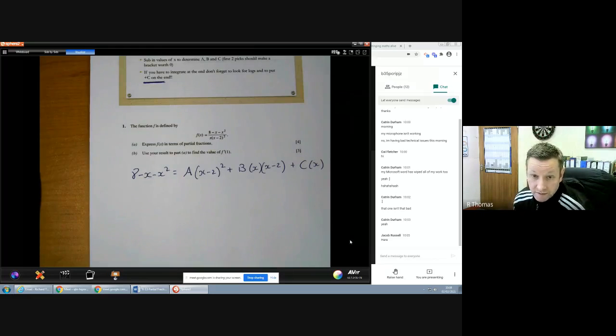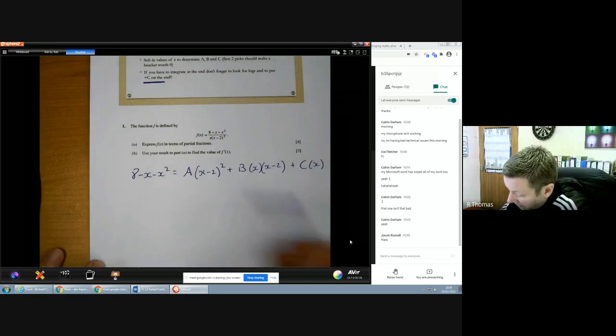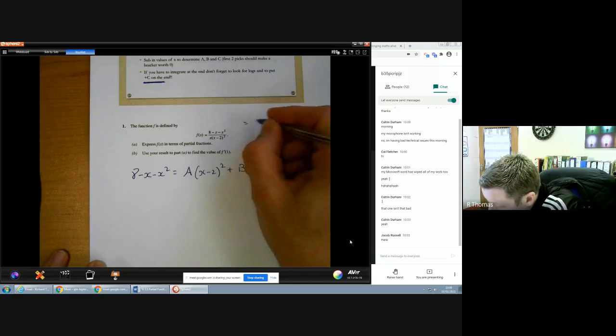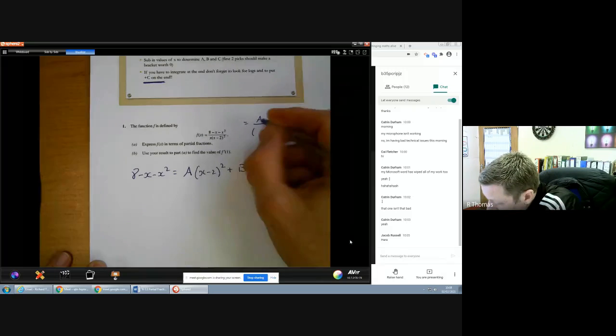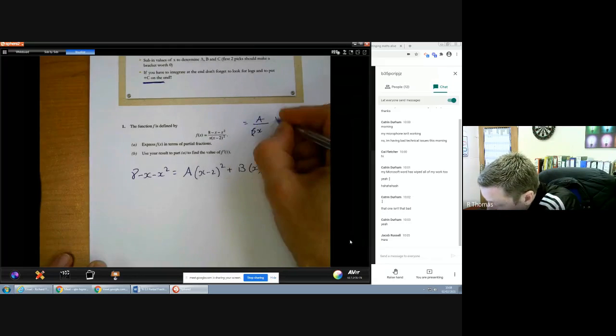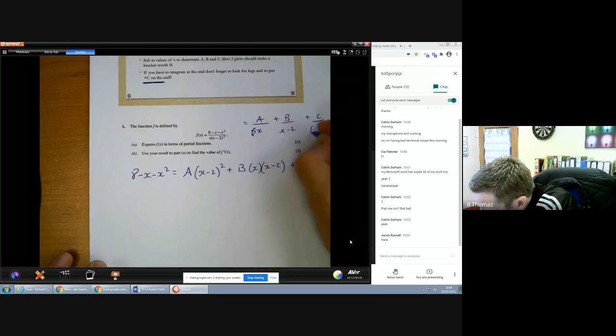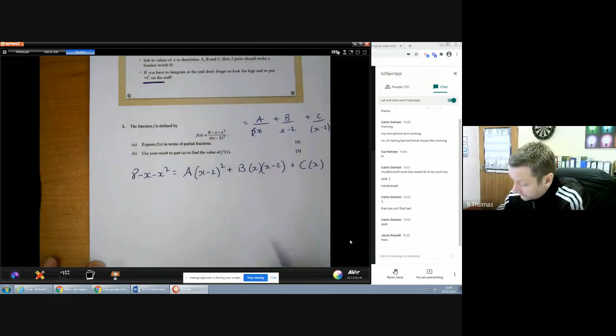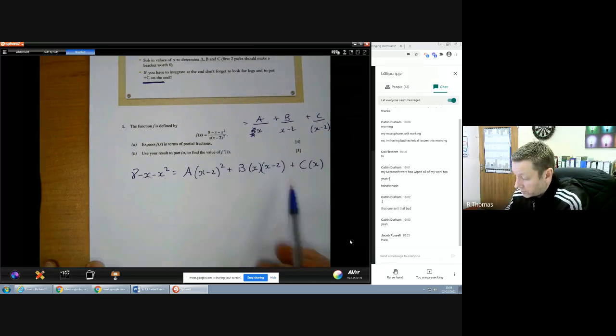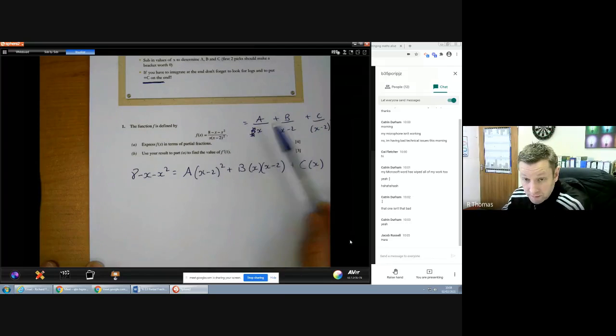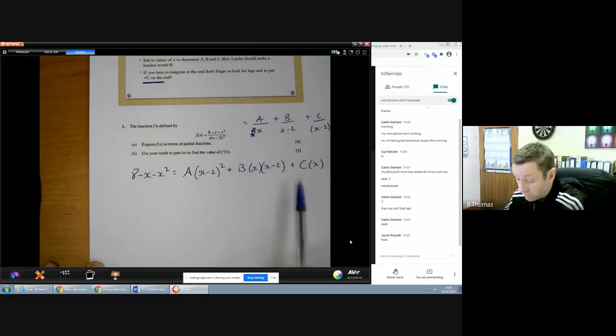So hopefully that rings some bells. And the reason that's come from, I should have written it down, I guess, because that'll be A over x, plus B over x minus 2, plus C over x minus 2 squared. So when we finish the question and work out the values of A, B, and C, that is what they will go over.